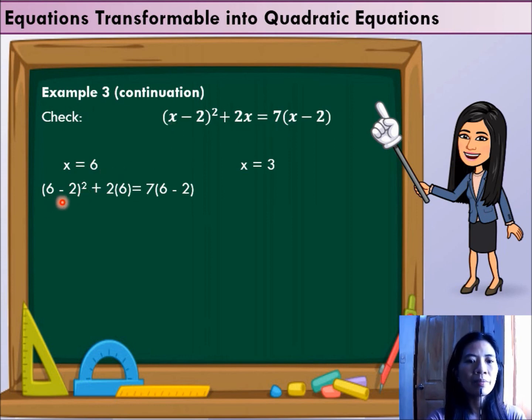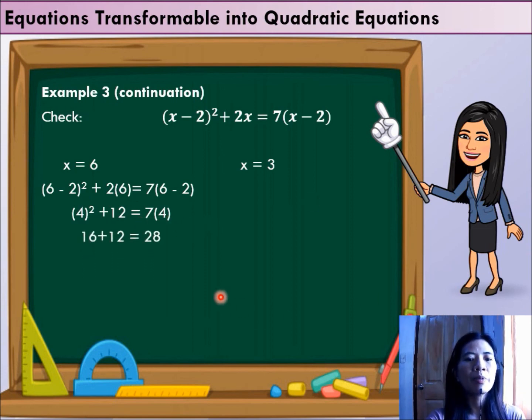So (6 - 2) squared plus 2 times 6 equals 7 times (6 - 2). We simplify the numbers inside the parentheses. 6 minus 2 is 4 squared, plus 2 times 6 is 12, equals 6 minus 2 is 4, times 7.